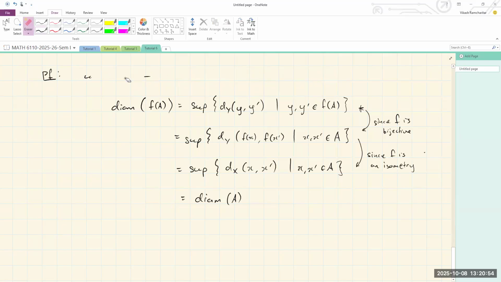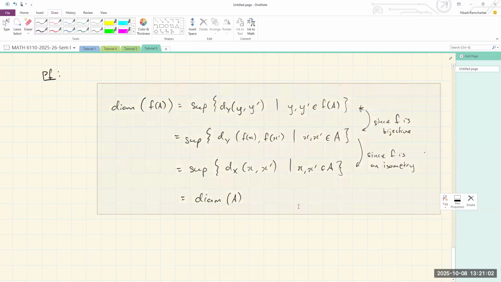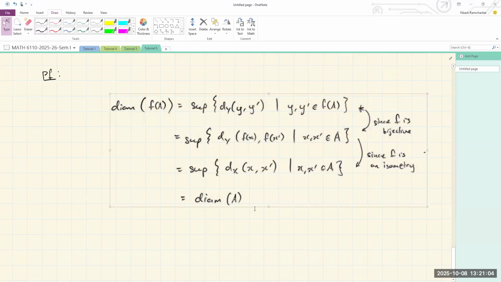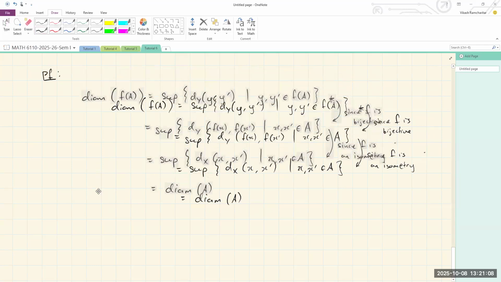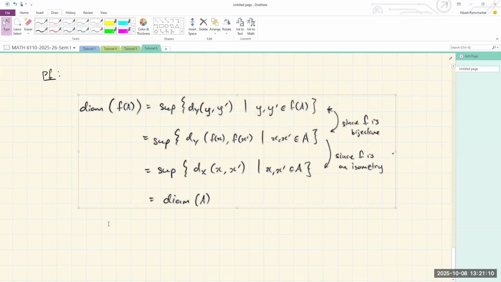Because what we just went through here holds regardless of whether A or f of A is bounded. This holds because we have a bijective isometry. Okay, so that's what I want to write.